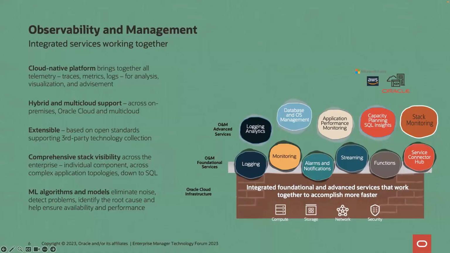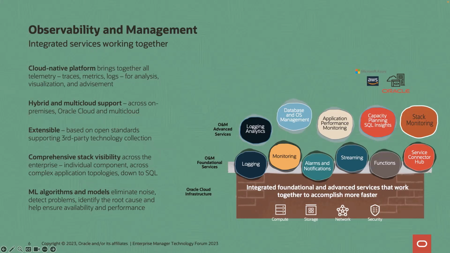In terms of observability and management platform, observability starts with the basic cloud services like compute, storage, network, security, and plain telemetry. From that, we have built a set of foundational services like monitoring, logging, notification, streaming, functions, and resource manager that help accelerate and protect cloud native app development.